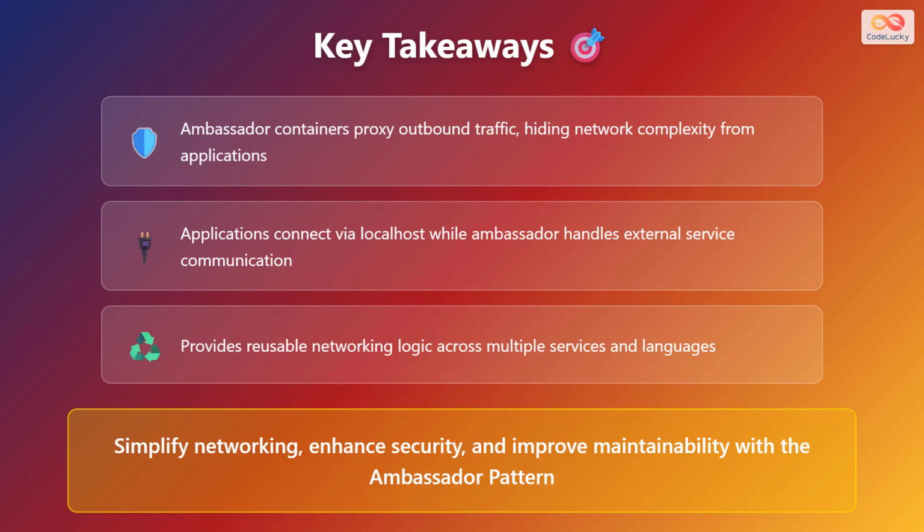The pattern provides reusable networking logic that works across multiple services and programming languages, promoting consistency and reducing duplication. By adopting the ambassador pattern, you can simplify networking, enhance security through centralized credential management, and improve overall maintainability of your Kubernetes applications. This pattern is a fundamental building block for building robust, scalable cloud-native systems.